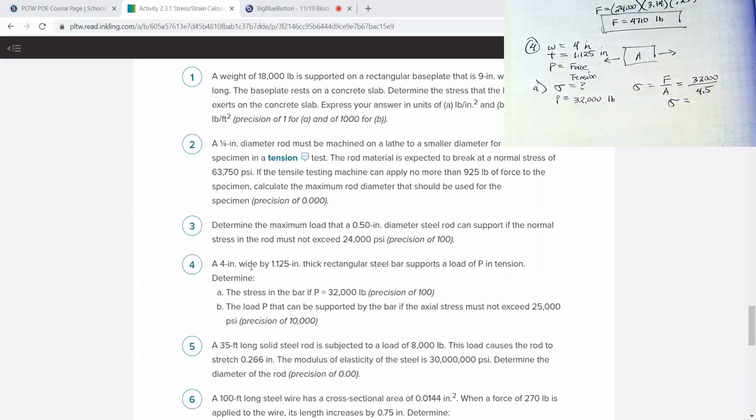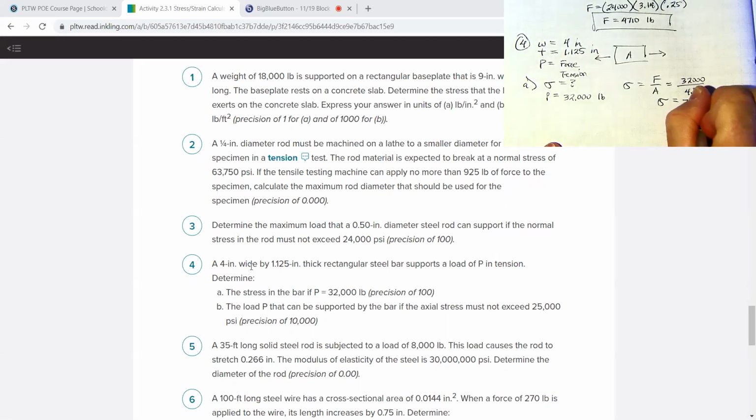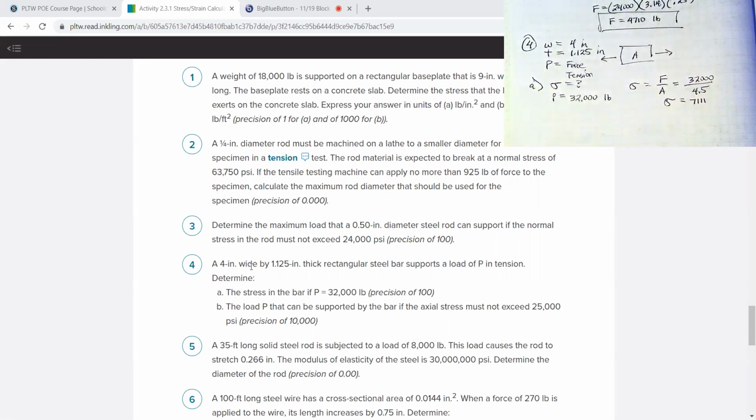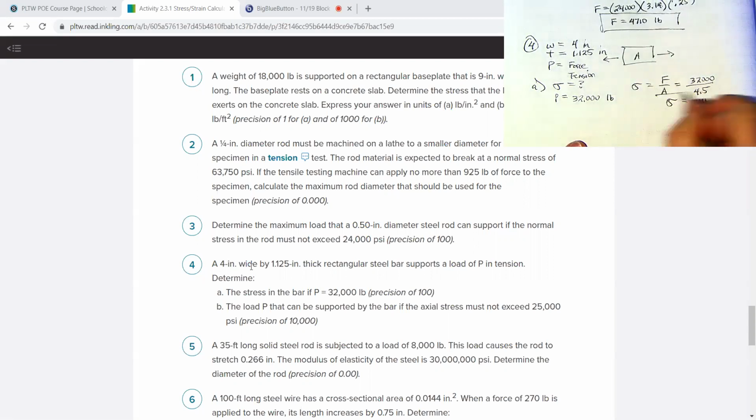Hey Siri, what is 32,000 divided by 4.5? Okay, so 7111.1 repeating basically. So I just wrote down 7,111. Okay, is that it? That's all they're asking for in part A.